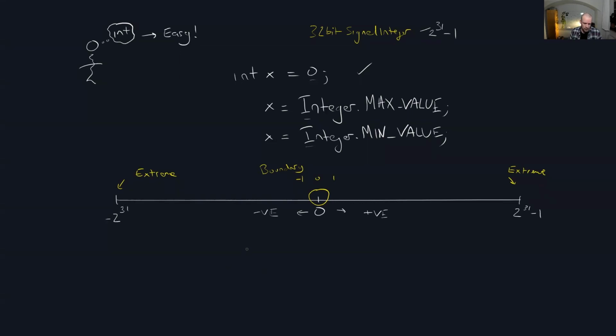So if I come back to my example, if I have x equal to, just for clarity, Integer.MAX_VALUE. Uppercase is hard. What's the answer to this question? What happens when you add 1 to this extreme value?